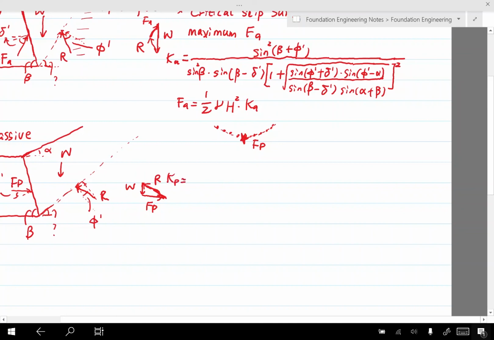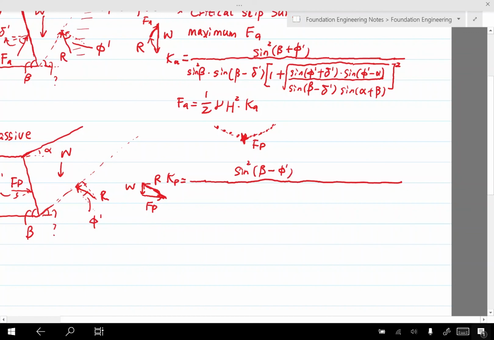You will see that the equation for KP is very similar to the equation for KA. Let's start with the numerator. It's the same sine, but here it's beta minus phi prime, squared.